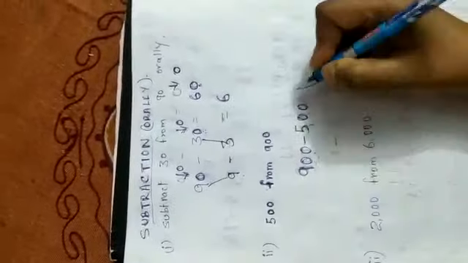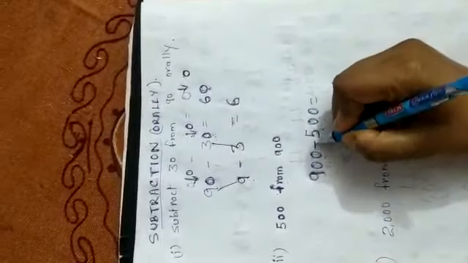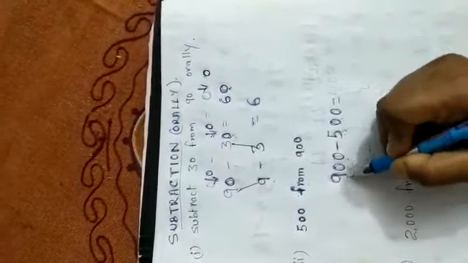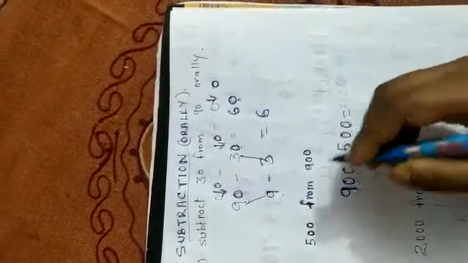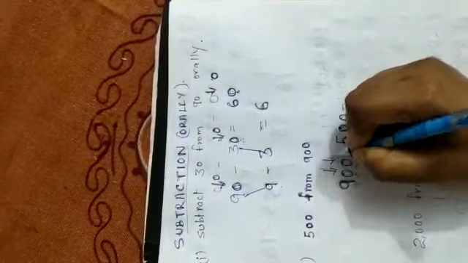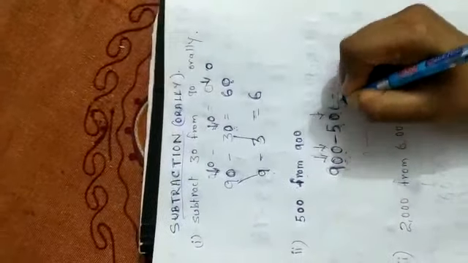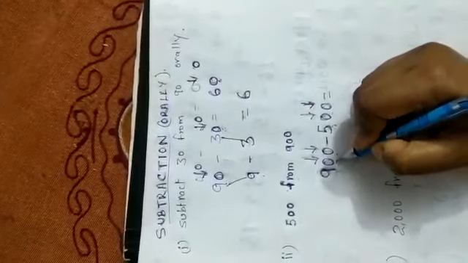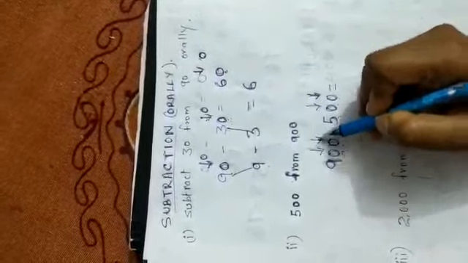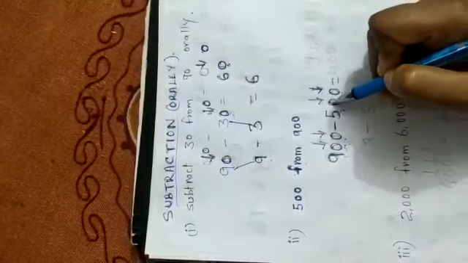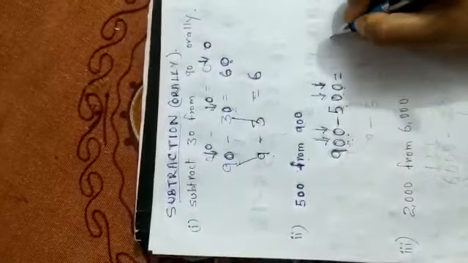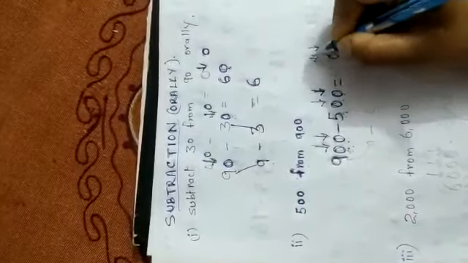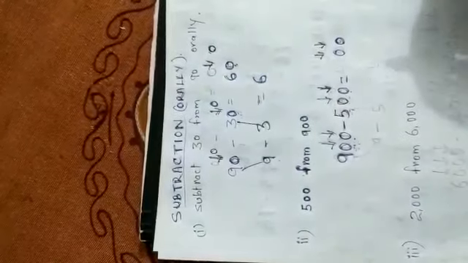Now come to the second step. Second step is we have to see whether in both numbers 900 and 500, the two zeros are on the right side of the number. When in 900 and in 500 two zeros are on the right side of the number, then hence in the difference also the two zeros will be on the right side of the difference.